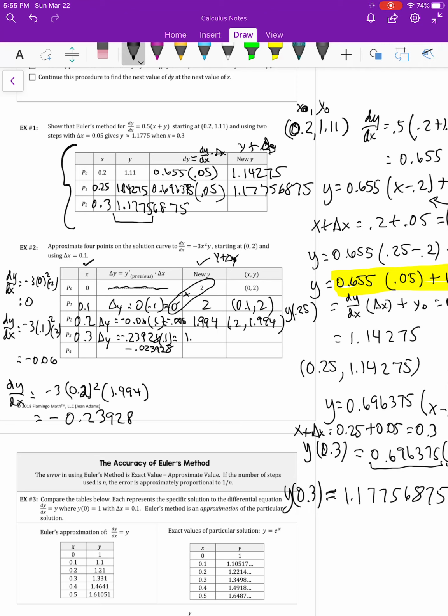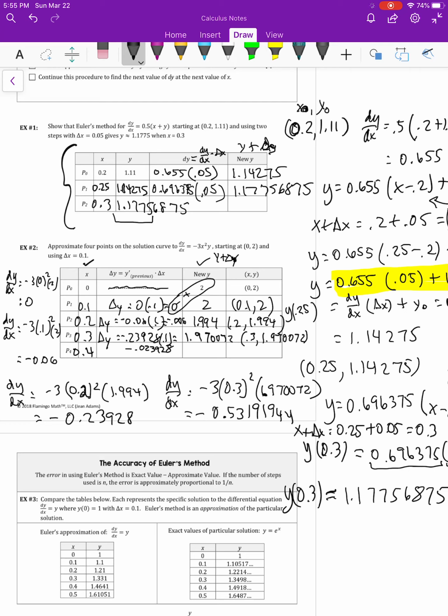So when I add that number with 1.994, I get 1.970072. And then my new point is 0.3 comma 1.970072. That's my new point. And of course I come here, but to calculate that, I'm using the previous point. So my dy dx, negative 3 times 0.3 squared times 1.970072, should give me negative 0.53191944.